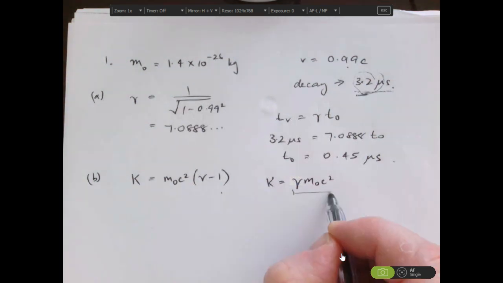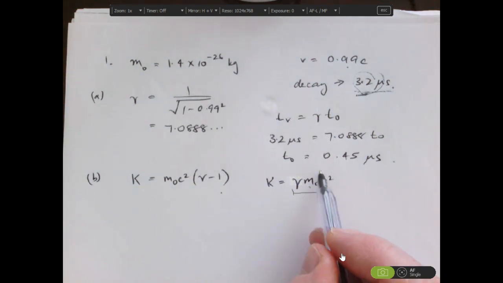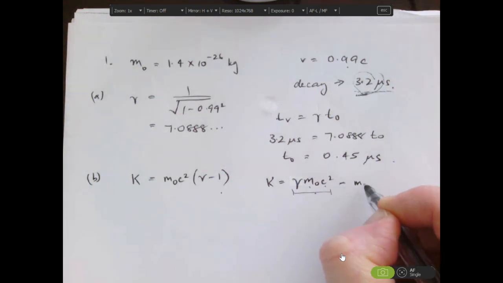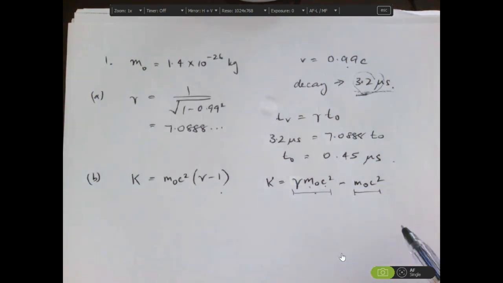So that's the increased mass times c squared. That's the energy equivalent of the particle traveling at 0.99 c, minus its original value of m naught c squared. This is the rest energy there. Okay.